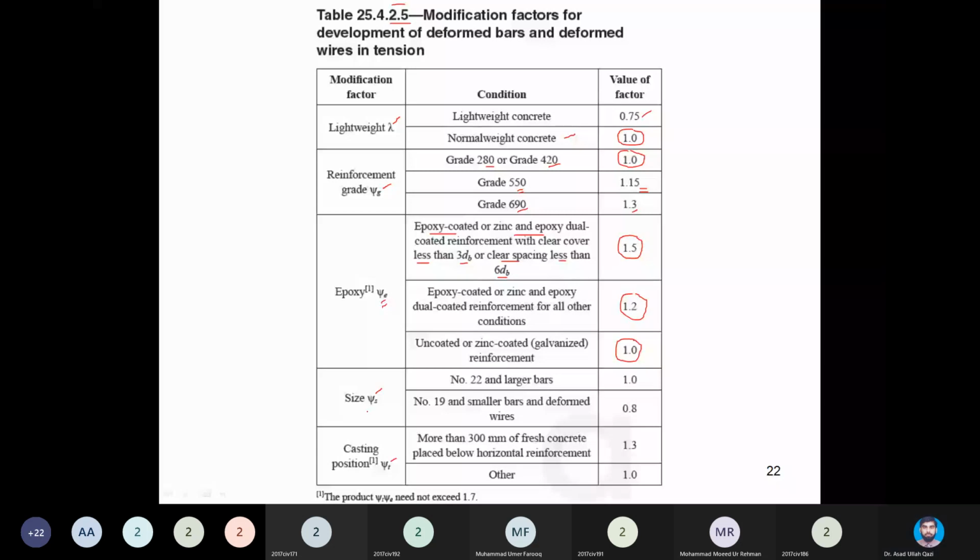Since in 2.3 there were two sets of equations, for number 19 and lesser diameter and number 22 and larger diameter, size has already been adjusted by providing two different sets of equations for different diameter bars. But now in 2.4 there is one equation and it will cover all diameters, so the size factor is incorporated in the equation so as to address all bars, and it is recommended that for number 22 and larger, psi s will remain 1, so LD will be unaffected.